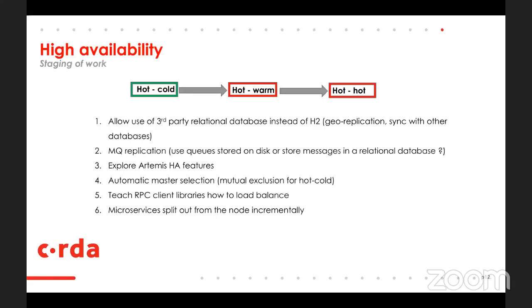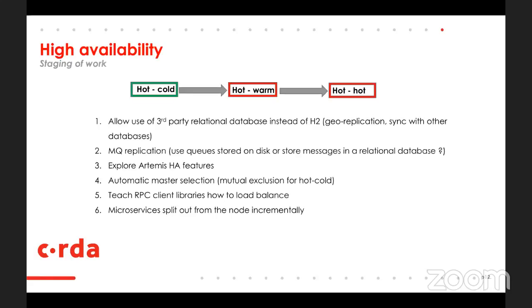So we're basically putting this responsibility on someone else. The second step is the message queue replication, where at the moment we are using Apache Active Artemis, which is a messaging system, and for peer-to-peer connections, we use queues stored on the disk.